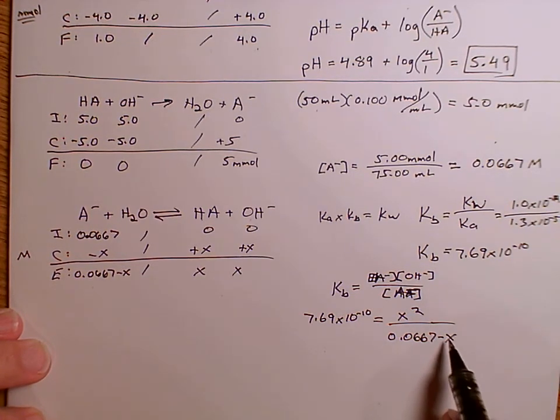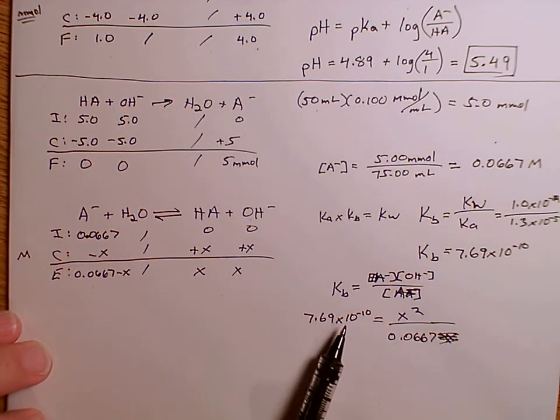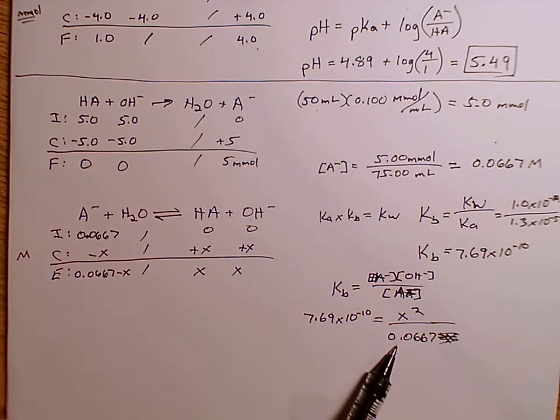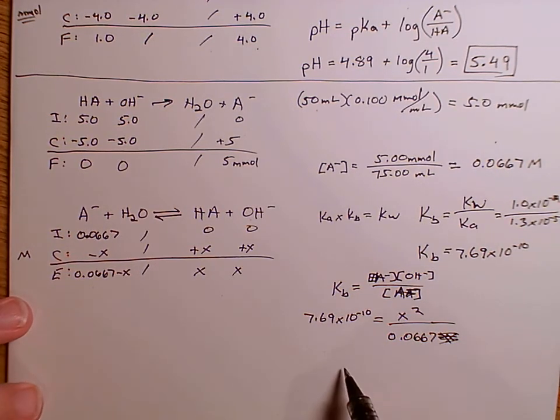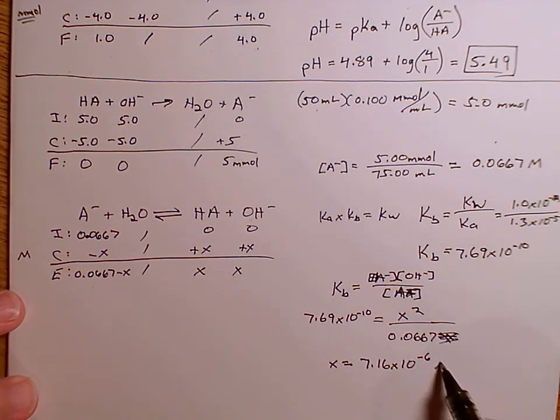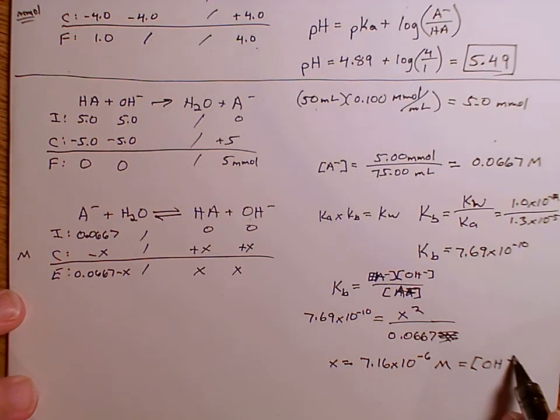With a 10 to the minus 10, sure, so let's just not worry about that minus X. Take 7.69 times 10 to the minus 10, multiply by 0.0667, square root your answer, and you find X equals 7.16 times 10 to the minus 6. Well, that's our concentration of OH minus, in units of molarity.